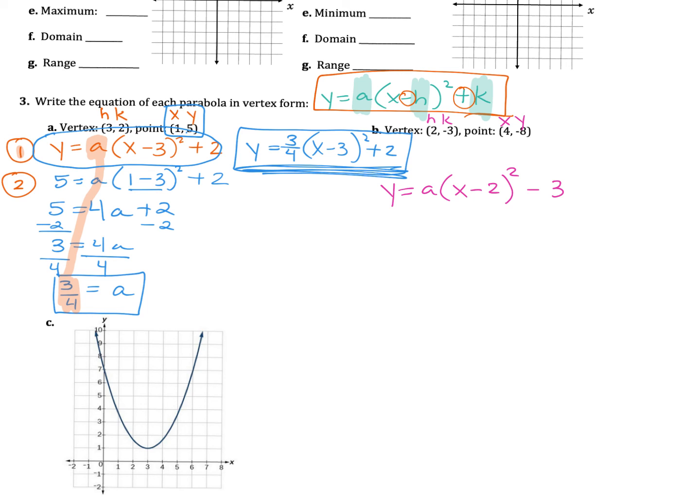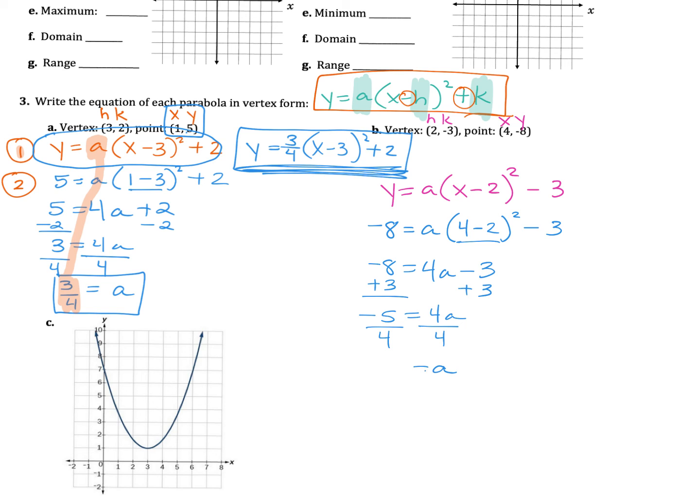So if you plug in negative 8 for y, a times 4 minus 2 squared minus 3. 4 minus 2 is 2. 2 squared is 4. So we get 4a minus 3 on the right, negative 8 on the left. So add 3. So negative 5 equals 4a, and then divide by 4.